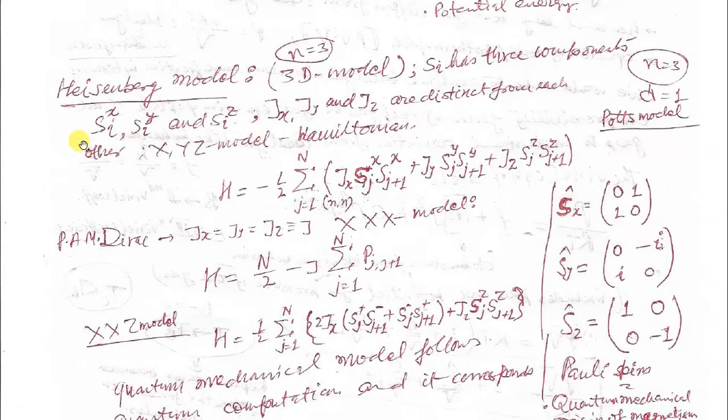So Si has 3 components, say Six, Siy, Siz. Corresponding to Six, it can interact along the x-axis with the spin exchange interaction term Jx. Similarly, along the y-axis we have the exchange interaction term Jy. Similarly, along the z-axis we have the Jz term.